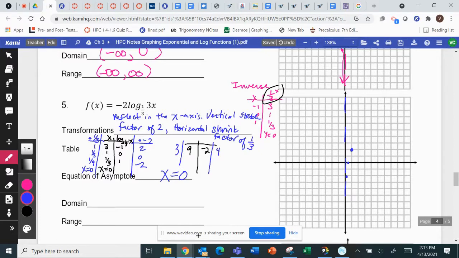So 3, 4. Just gives me another point to see where that curve is going. So my domain is going to be 0 to infinity, and then my range will be -infinity to positive infinity.